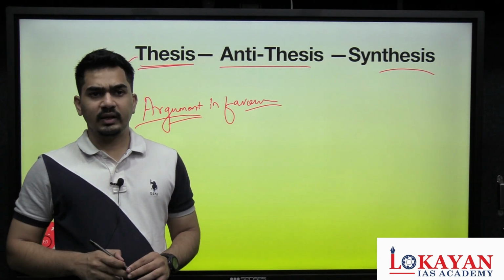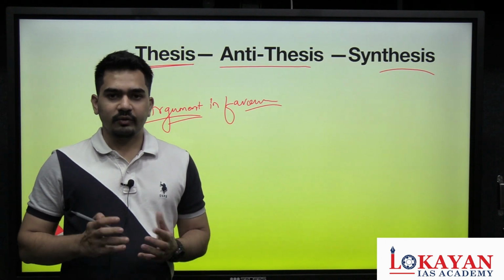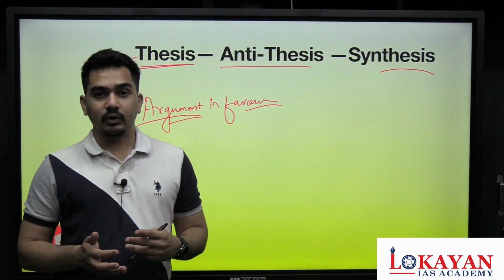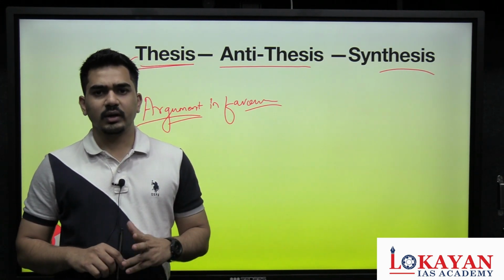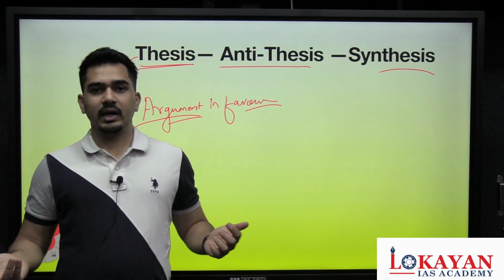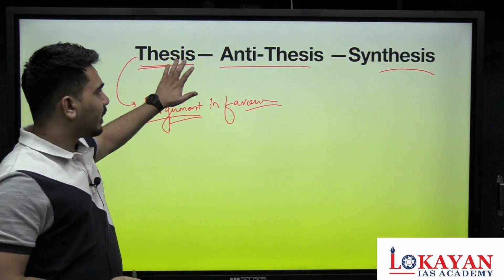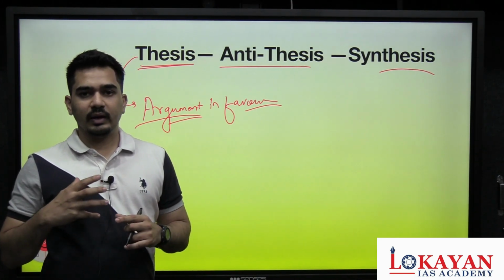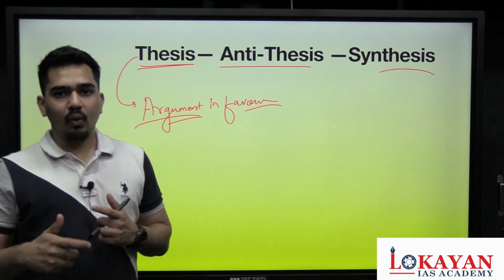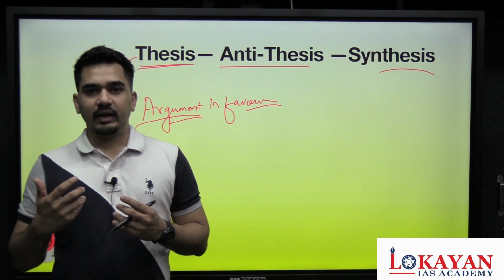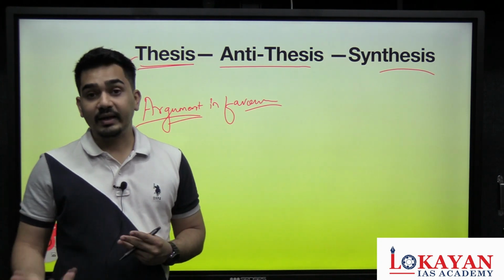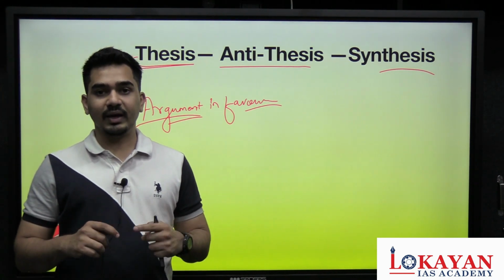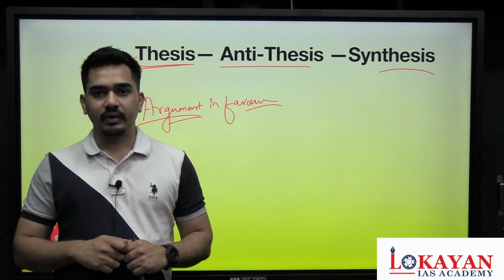Similarly, in philosophical essays, we come across topics like "Customary morality cannot be a guide to modern life," or even a simpler one, "Simplicity is the ultimate sophistication." In the thesis part, we will write about how exactly simplicity is the ultimate sophistication, why and how it is so, agreeing with the topic with various different examples.